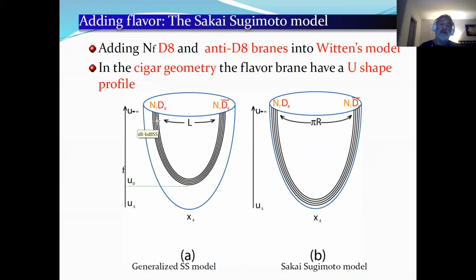Okay, so this is one example. Most of what I will say from here on is not related to a particular model. It's model independent, but it has the characteristics of the Sakai-Sugimoto model.